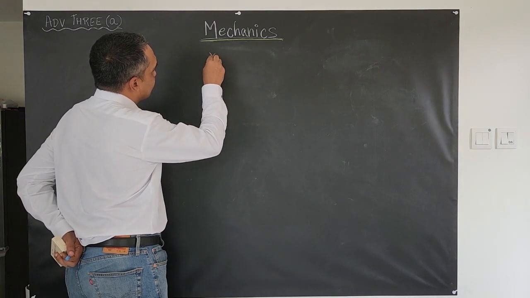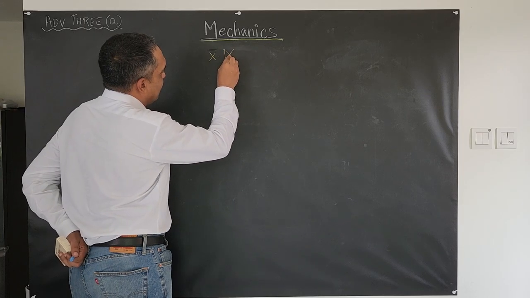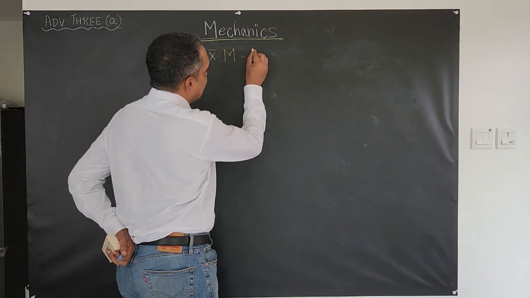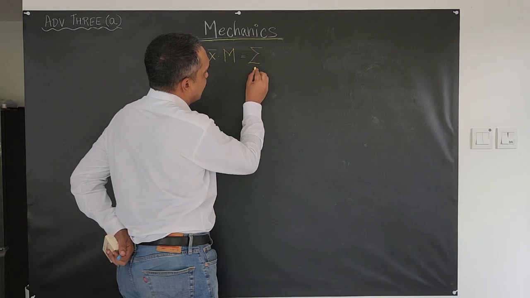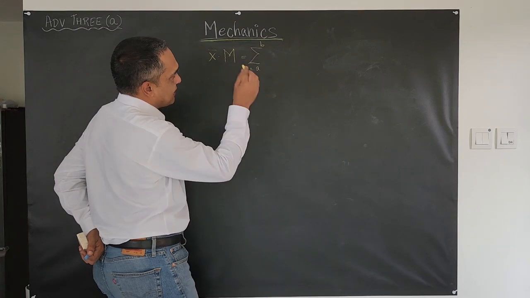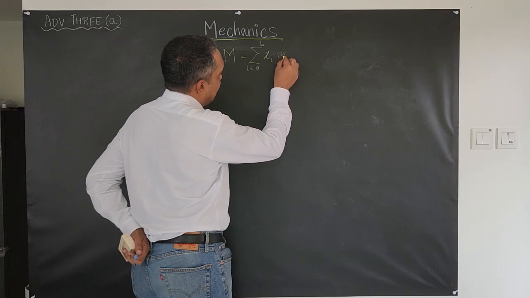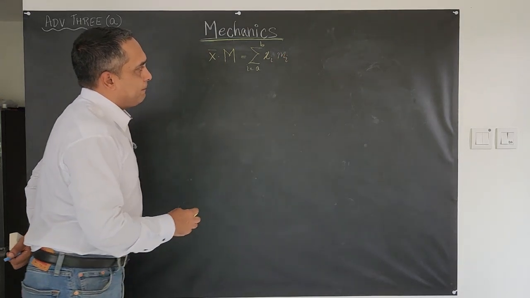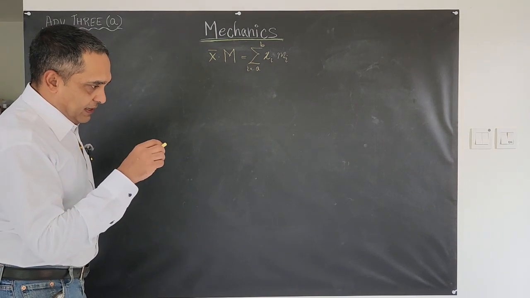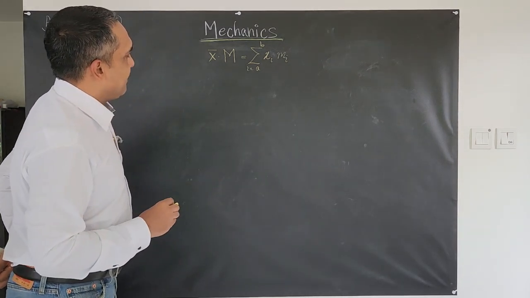So if you remember, as an extension of the moment function, the total mass times x bar was written as a summation, i equal to A to B, of x_i times m_i, where x_i is the center of gravity or center of mass of that tiny piece that we took, and m_i is the mass of that tiny piece, right?